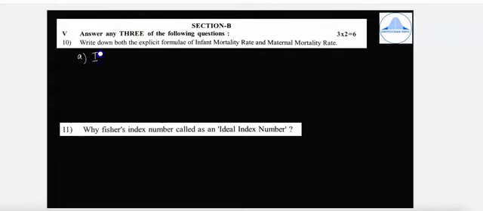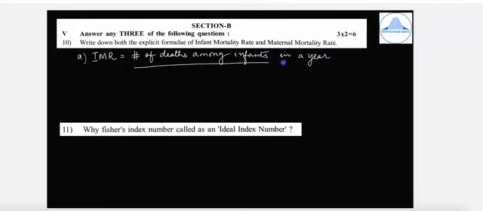So infant mortality rate is IMR, which is equal to number of deaths among infants in a year divided by number of live births in a year into 1000.